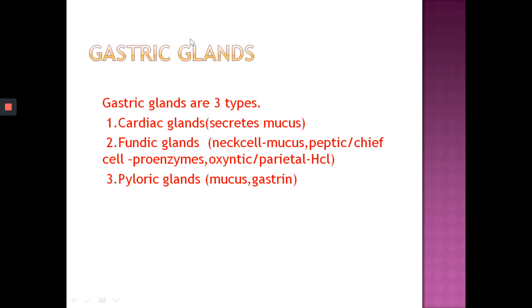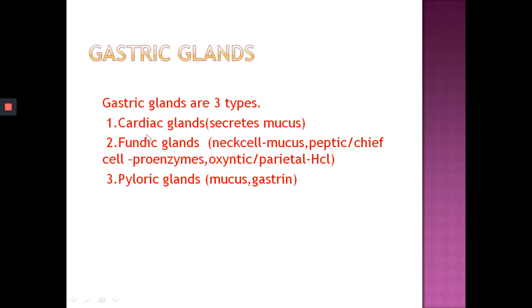The name itself tells where these glands are present: in the wall of the stomach. The stomach is divided into 3 regions: cardiac, fundic, and pyloric stomach. In the cardiac portion, cardiac glands are present.